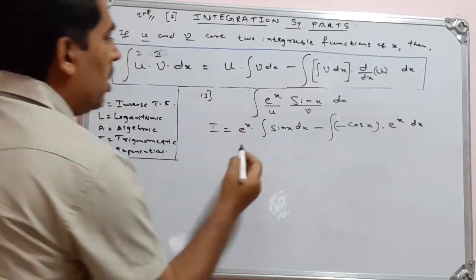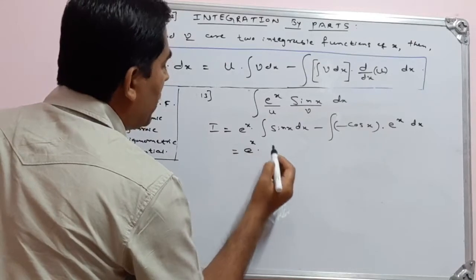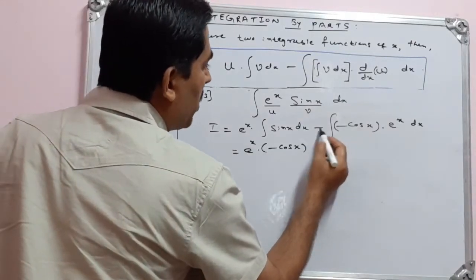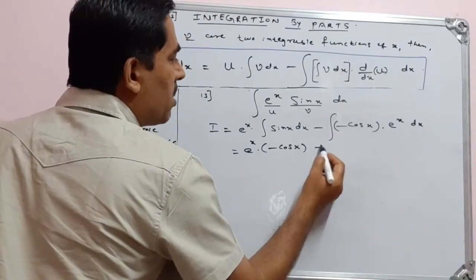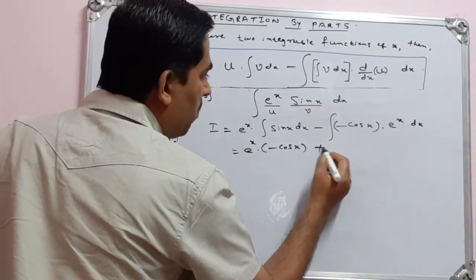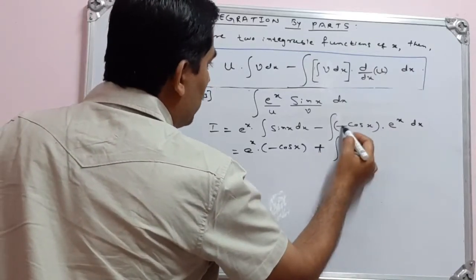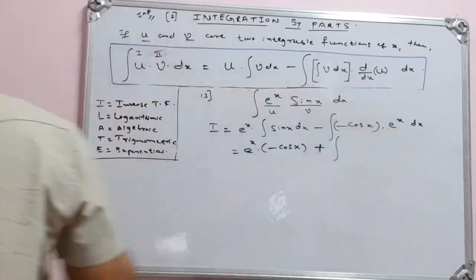Observe what happens. So e to the power of x as it is, the integration of sin x is minus cos x. Then first multiply the signs, minus to minus plus, plus the integration of cos x into e to the power of x.